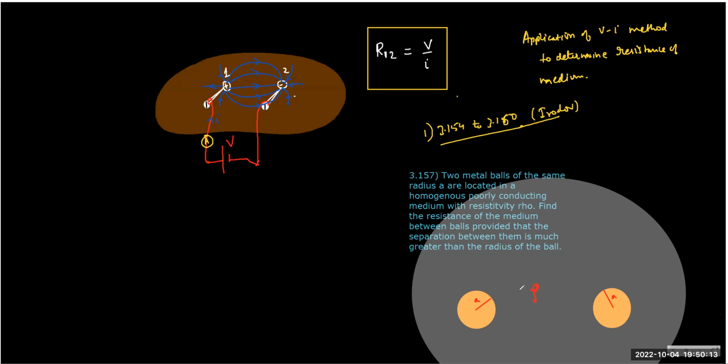So what we do is, if you connect a battery across spheres A and B, the battery will give some positive charge to one of them. I'm not drawing the battery because you know that the charge on one sphere will be positive and on the other sphere negative, right?